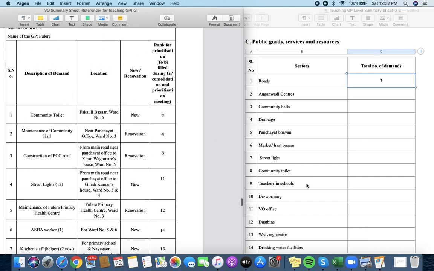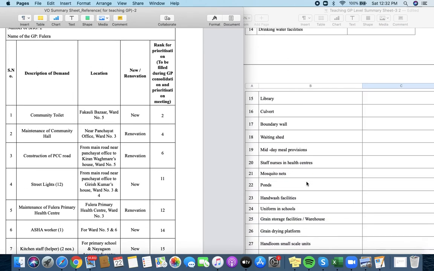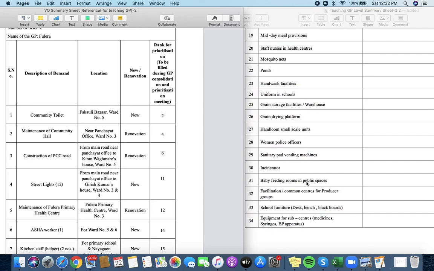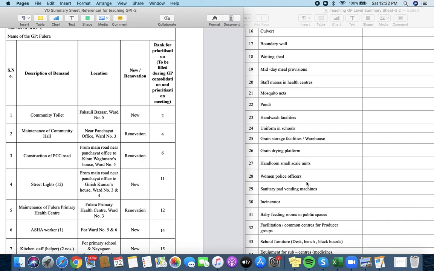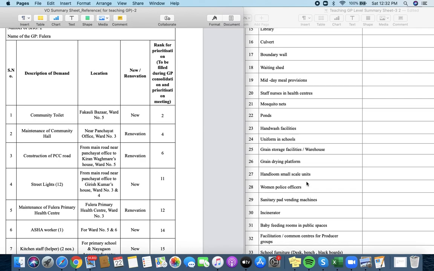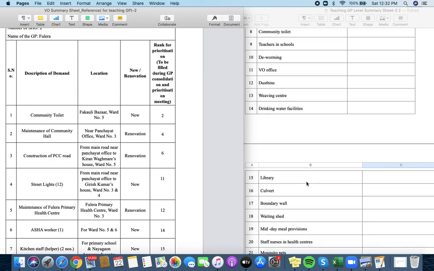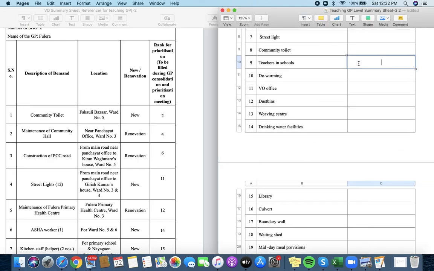No. So wherever the format says maths and science teacher or teacher, we will have to write 1 there. So at GP level, 1 demand has come about for teachers.